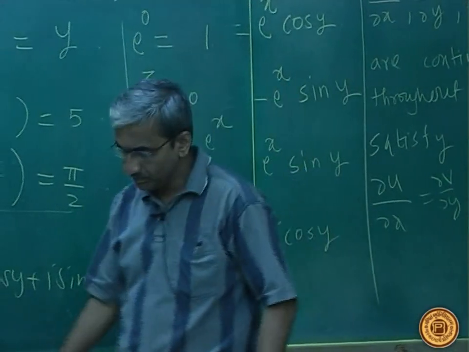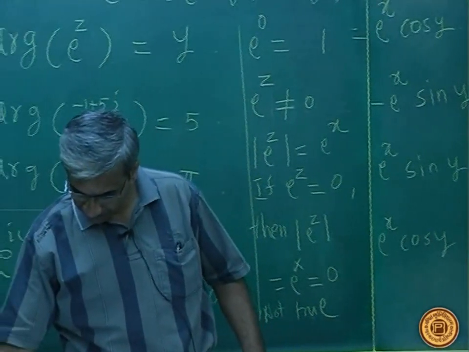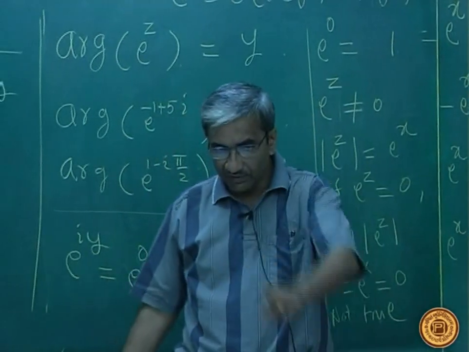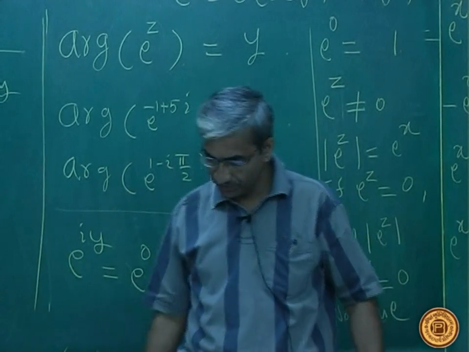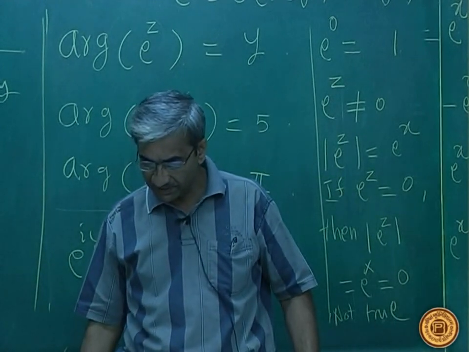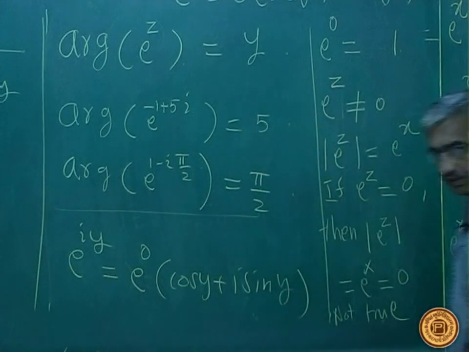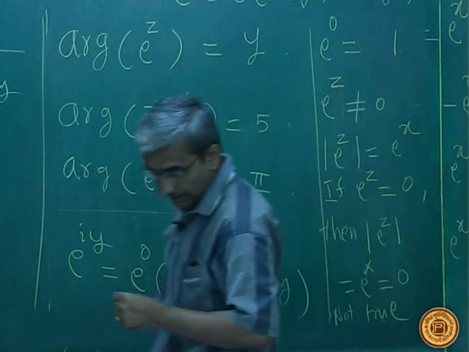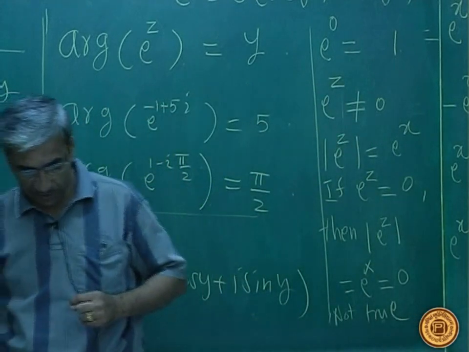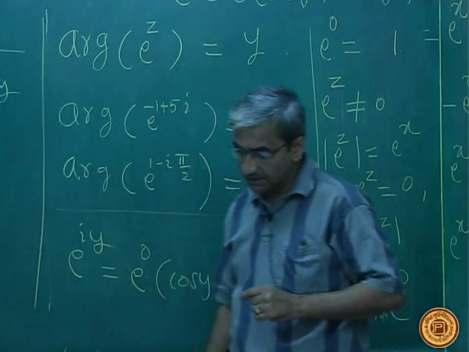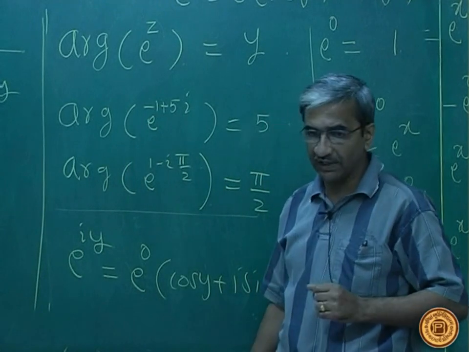The next property is, if you read in those notes, that e to the power z is on the circle with center at origin and radius e to the power x, and makes an angle y with the positive real axis.